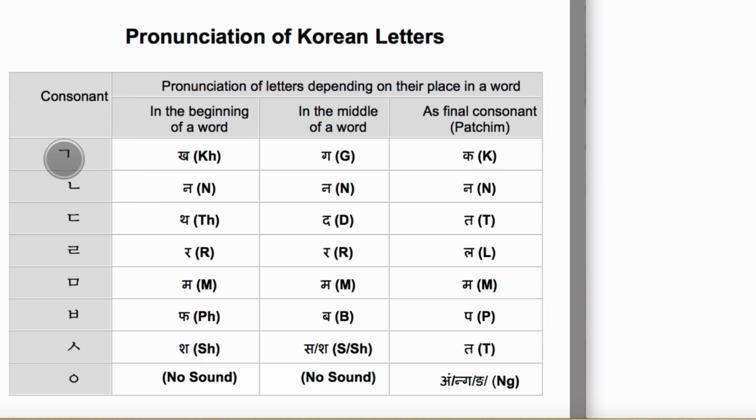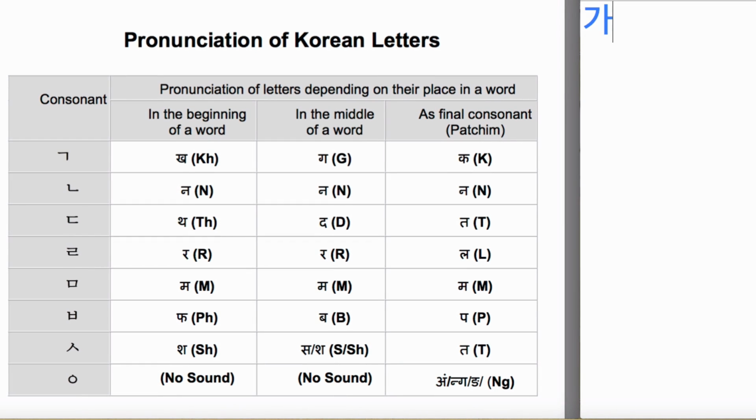So let's start with the first one, that is Kkeok. So if we see here, when Kkeok appears in the beginning of a word, it is pronounced as K. So let's take a word, for example, Khada. Or let's take another word, Khaji.